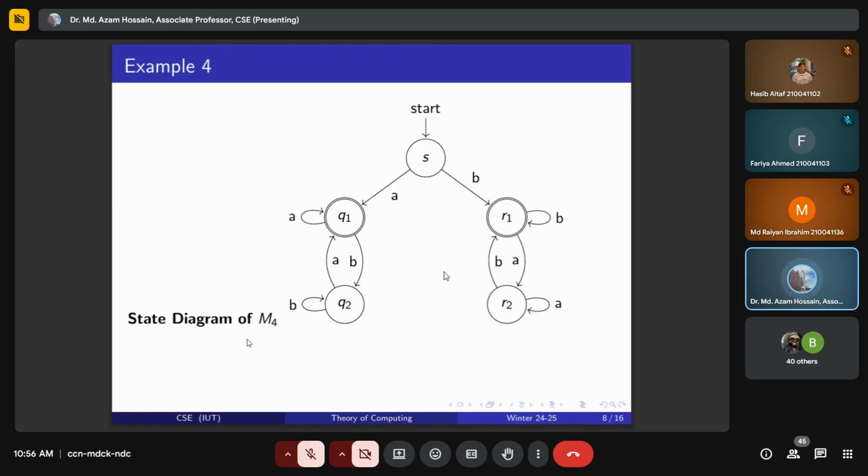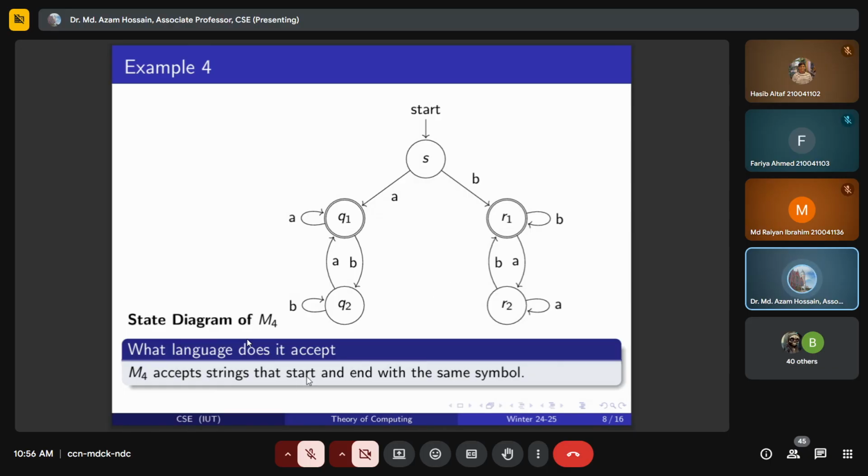So thank you. You have successfully dissected the language that this machine accepts. So M accepts strings that start and end with the same symbol.